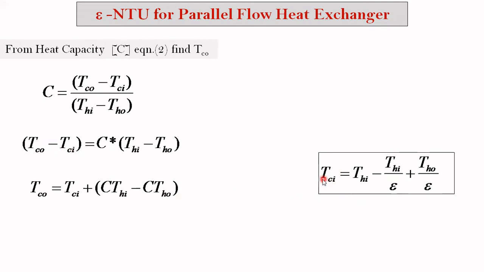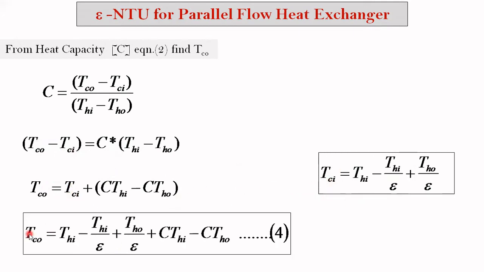So we can put this value of TCI here. So TCO is this value, THI minus THI upon effectiveness plus THO upon effectiveness, plus C(THI minus THO). That is our equation number 4. Just keep this expression as it is.